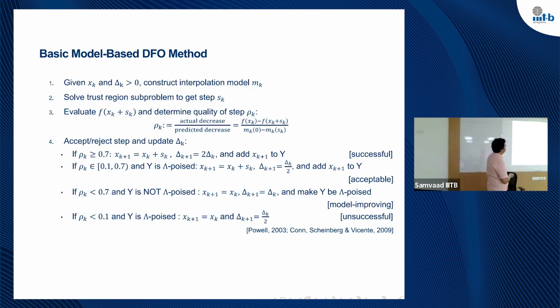If you get sufficient descent, you increase your trust region radius. If you don't get sufficient descent, you decrease your trust region radius, you shrink it essentially. If your points are not good, you keep the trust region radius as is and add better points. If none of these things work, keep shrinking your trust region radius until you get descent. So this is a very standard way of doing your TR.